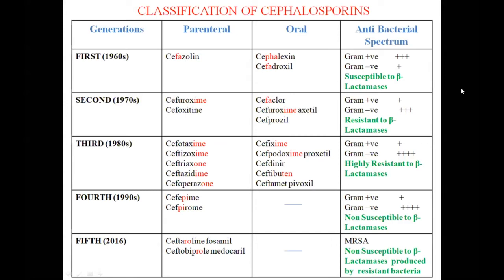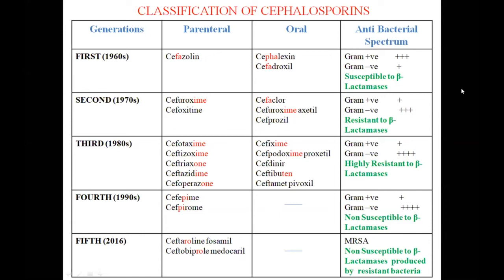Cephalothin is the first generation cephalosporin, which was discovered in 1964. But you can see it is not mentioned in the list. The reason for this is that we are now getting better, more effective drugs.